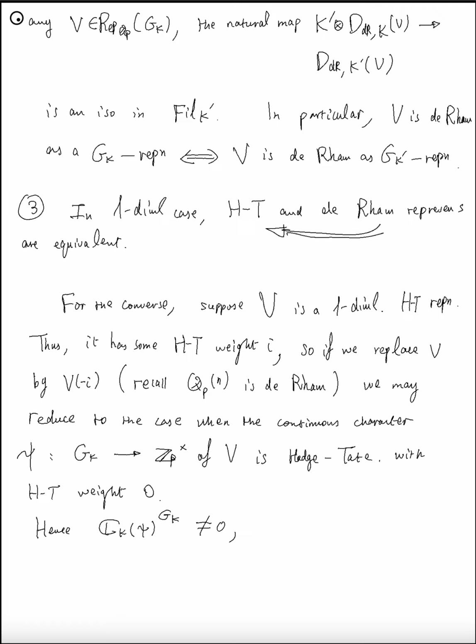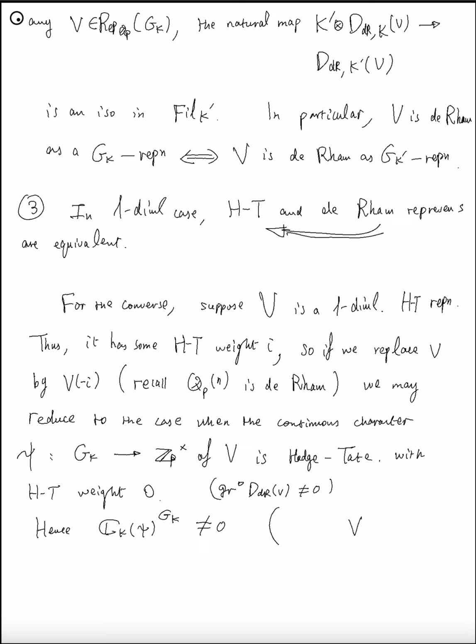Actually, that's the graded piece, right? So this is because Hodge-Tate weight 0 means graded piece 0 of the de Rham V. The Hodge-Tate weight is defined using this.